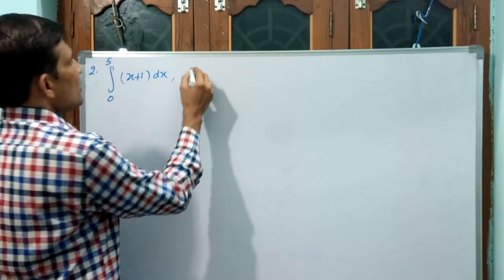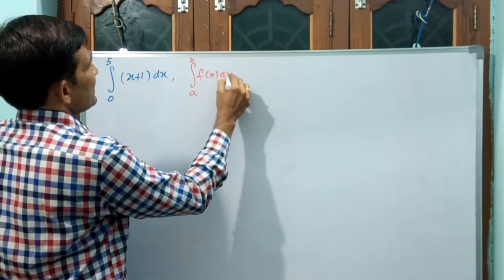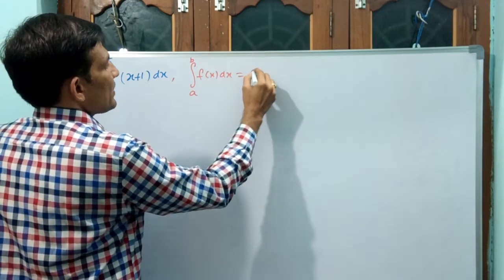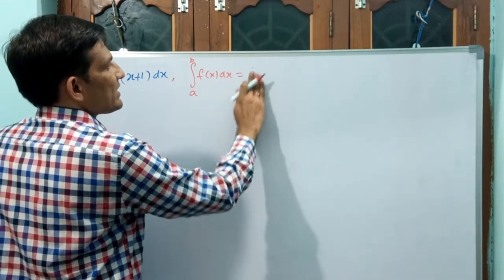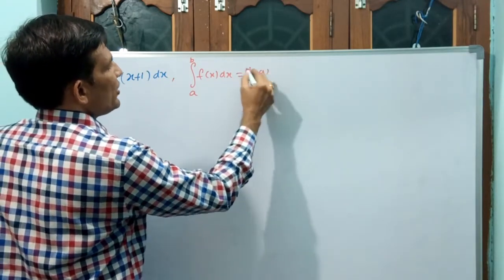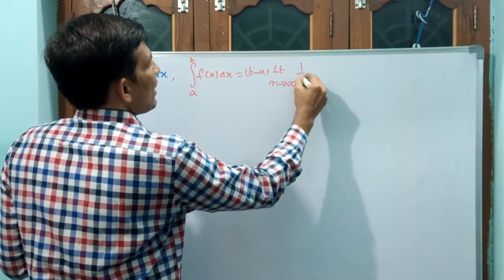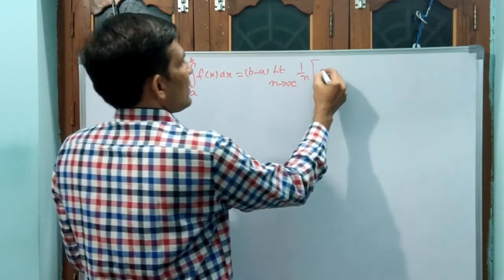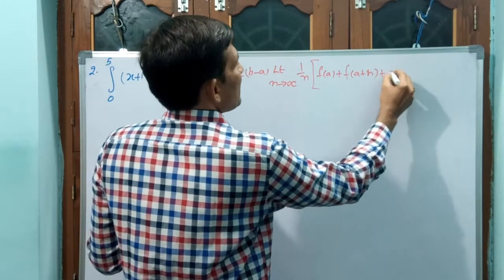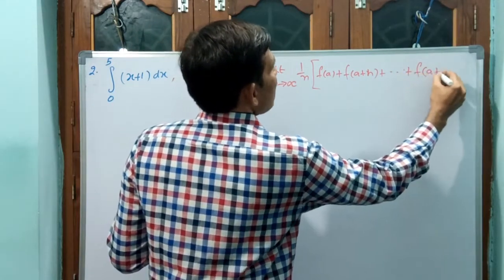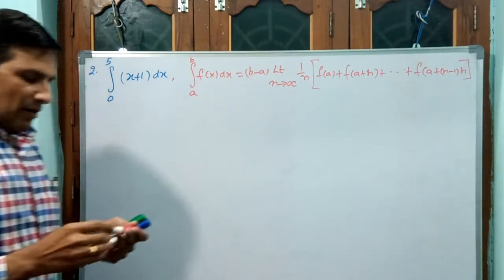The integral from a to b of f of x dx equals b minus a into the limit as n tends to infinity of 1 by n into f of a plus f of a plus h plus dash dash dash plus f of a plus n minus 1 into h. Okay, this is the formula.